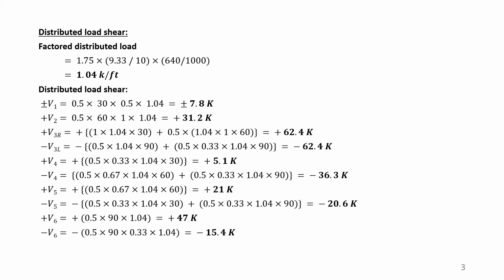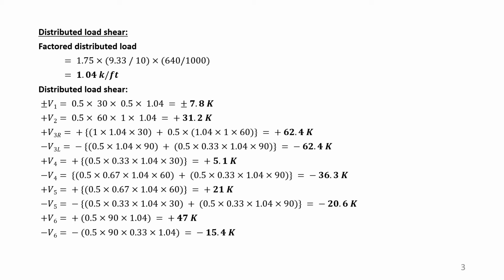That means we will put these values wherever we get a positive value, with a similar sign. We will add this distributed load for shear and moment where the distributed load gives positive, and if the wheel load is positive, then we add them together. For the distributed load shear, V1 plus V2: if you go back to page 3 of the previous lesson, you will find how the distributed load has come here.